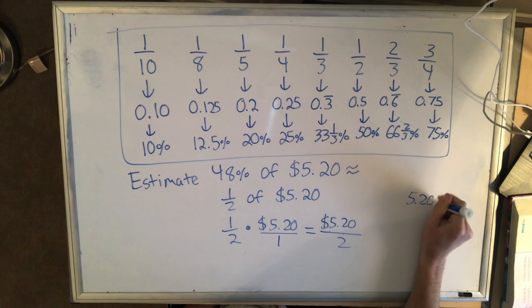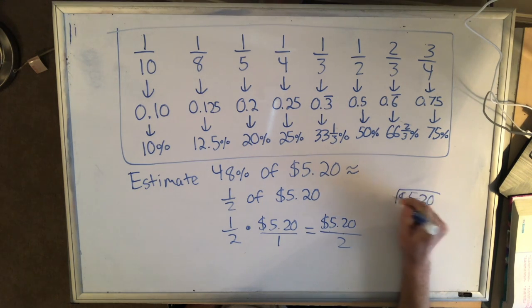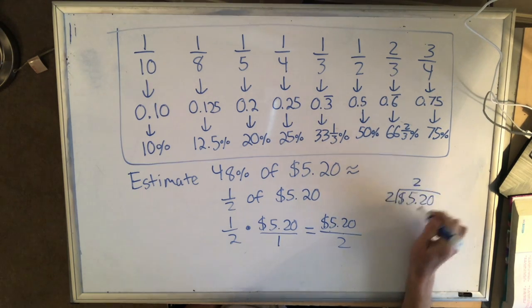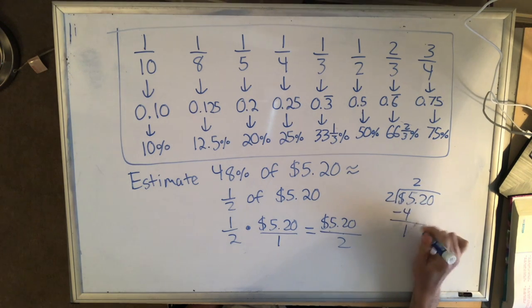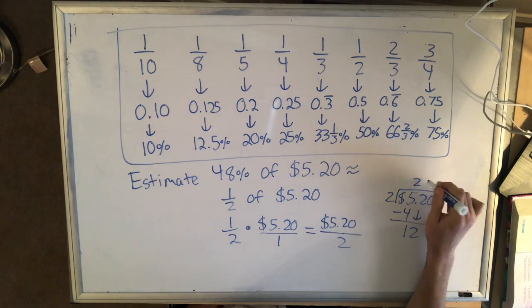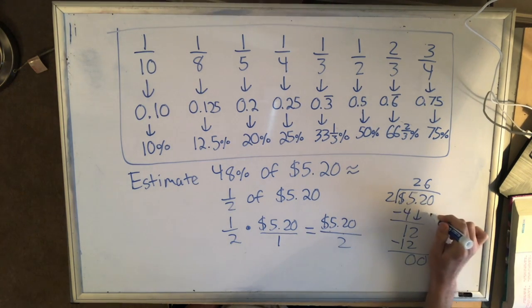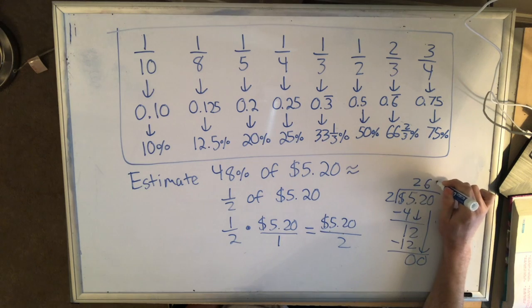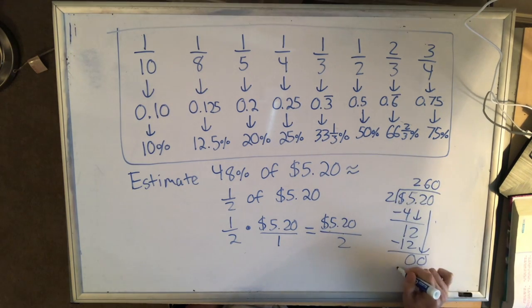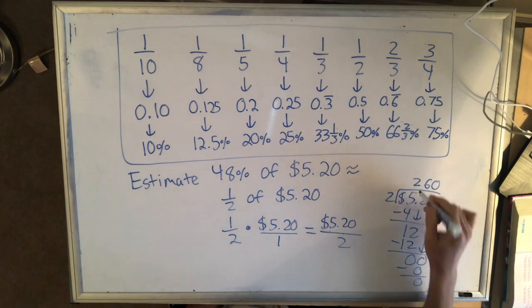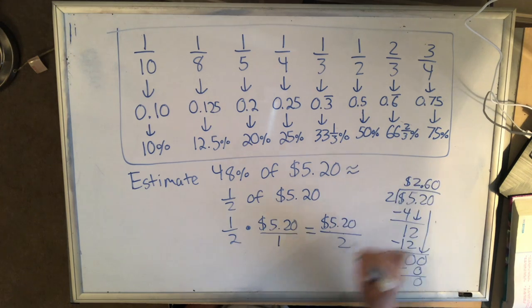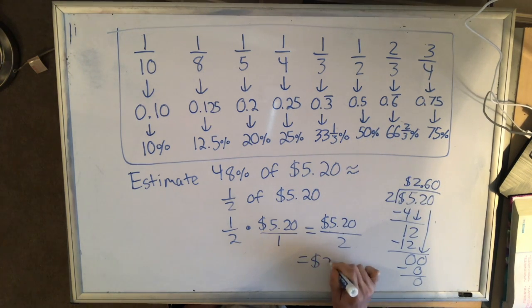And working that out, 2 goes into 5 2 times. 2 times 2 is 4. Bring down the next digit. 2 goes into 12 6 times. 6 times 2 is 12. 2 goes into 0 0 times. So no remainder. So $2.60 is approximately 48% of $5.20.